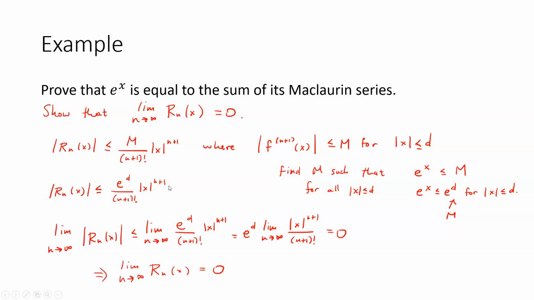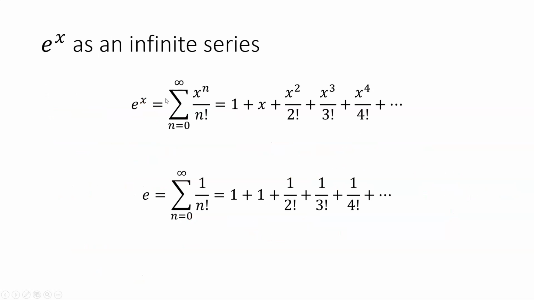Okay, so basically what we've shown is that e to the x is going to be the sum of its Taylor series, of its Maclaurin series. So we've shown that e to the x is the sum of this series, x to the n over n factorial. So we know that for any value of x that I choose, this series will converge to the values of e to the x.